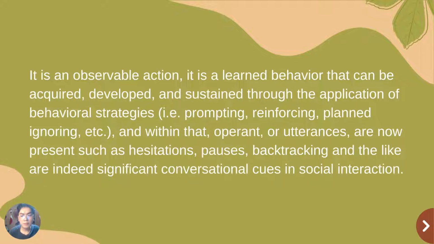When we are having interaction or conversation with other people, there are consequences that may happen. And within that, operant utterances are present, such as hesitations, pauses, backtracking, and the like, that are very significant conversational cues in social interaction.